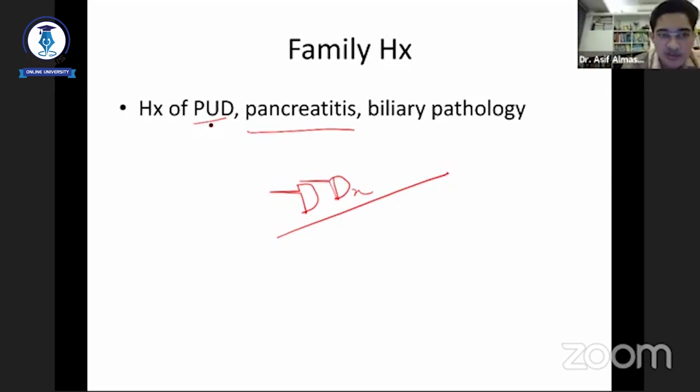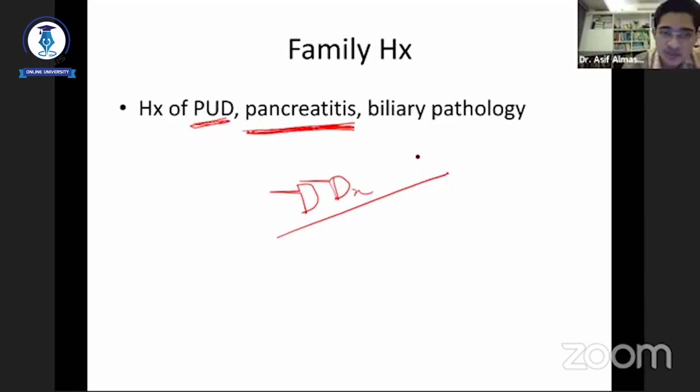In peptic ulcer disease, the patient usually comes with a burning pain, slightly on the left side of the abdomen or in the epigastric region, and the pain is not colicky. In this case, the pain is colicky. In chronic pancreatitis, the pain is severe, may radiate to the back, and the patient usually has weight loss and diabetes. So these are some of the ways you can differentiate biliary pathology from pancreatitis and peptic ulcer disease.